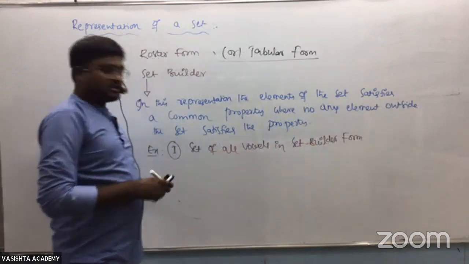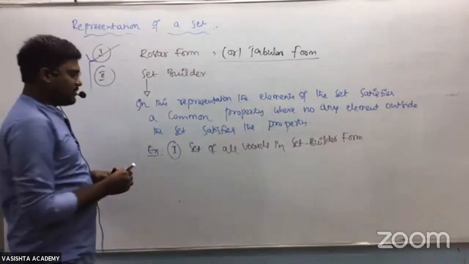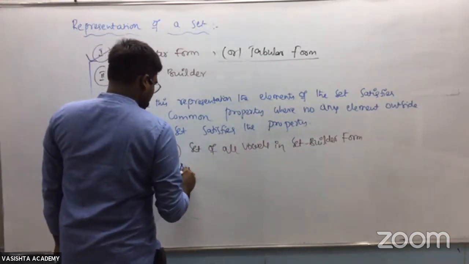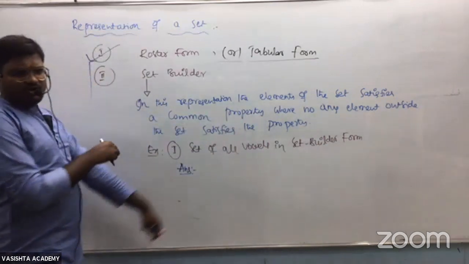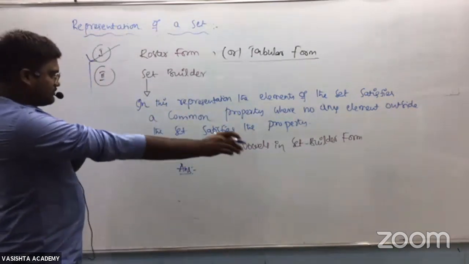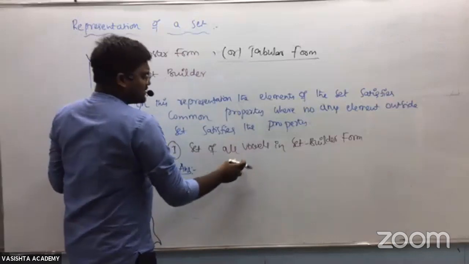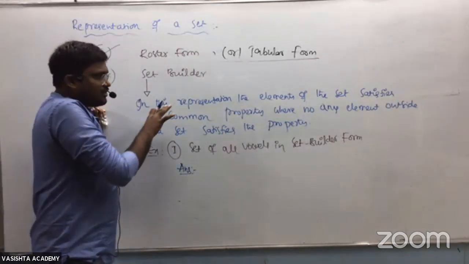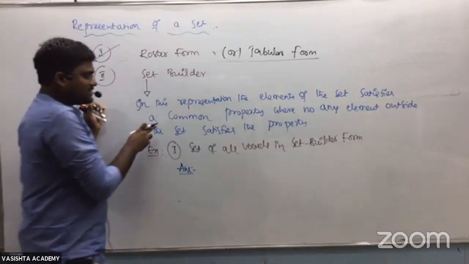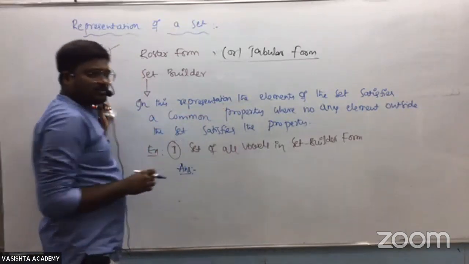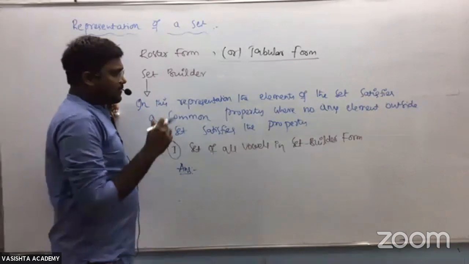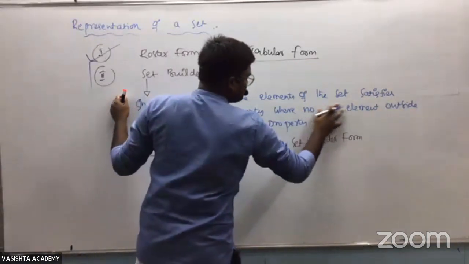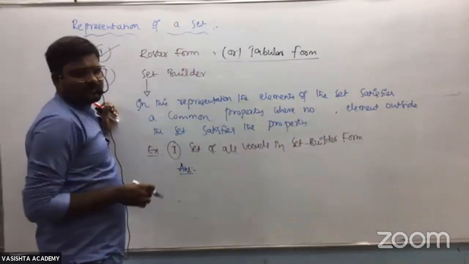In roster form I'll just write it as A, E, I, O, U enclosed by brackets. But here all the elements of the set will satisfy a common property where no element outside the set satisfies that property.